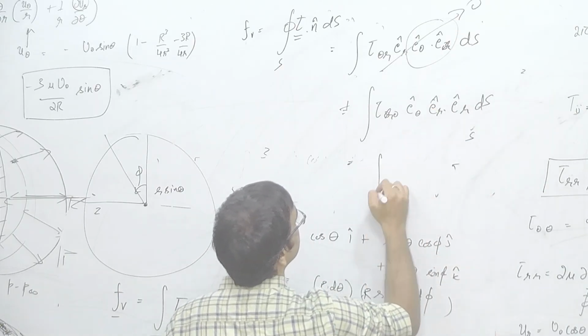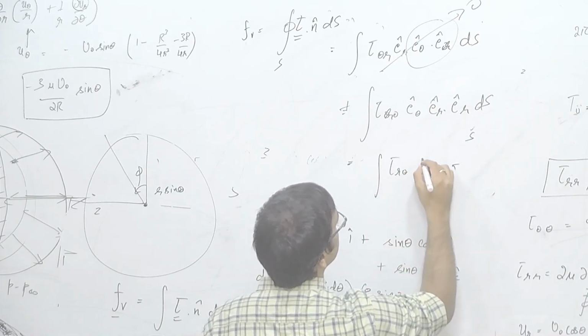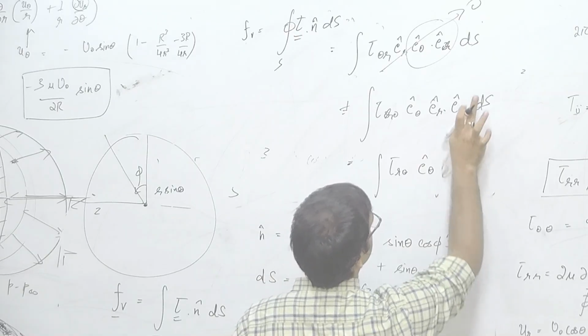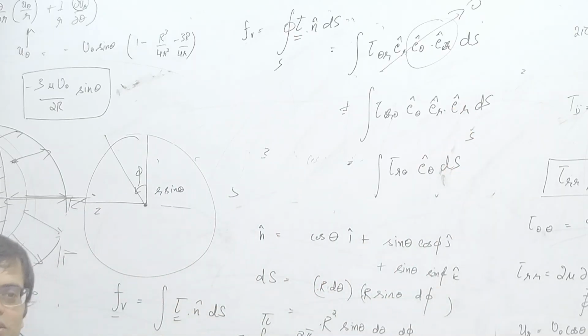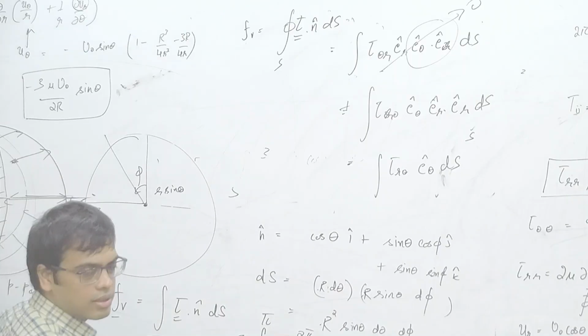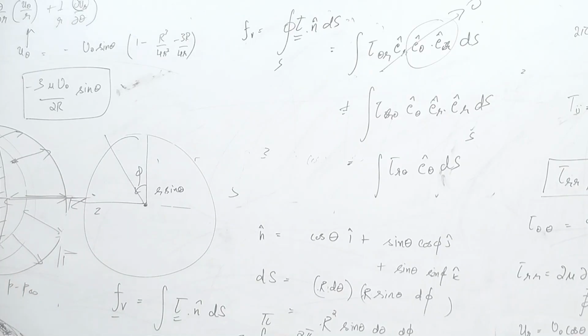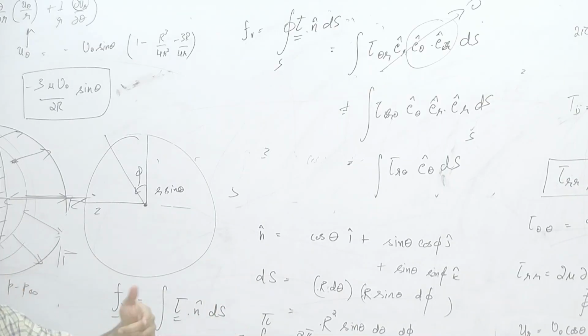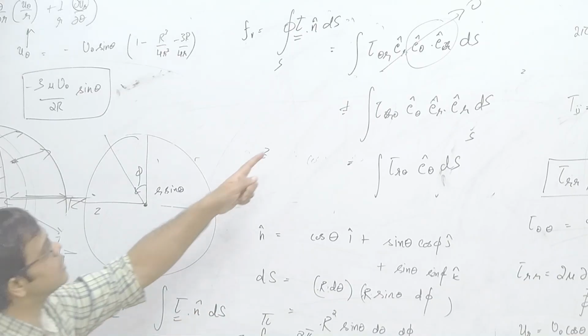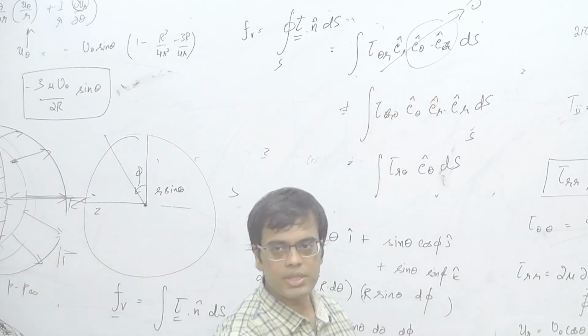So the only thing that remains is this. N hat is always e hat r by definition. So the flip component, or the diagonally opposite component's contribution, is actually 0.